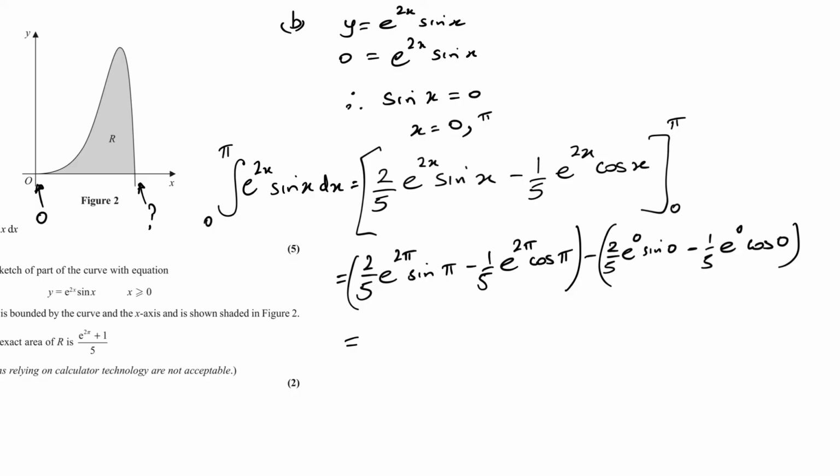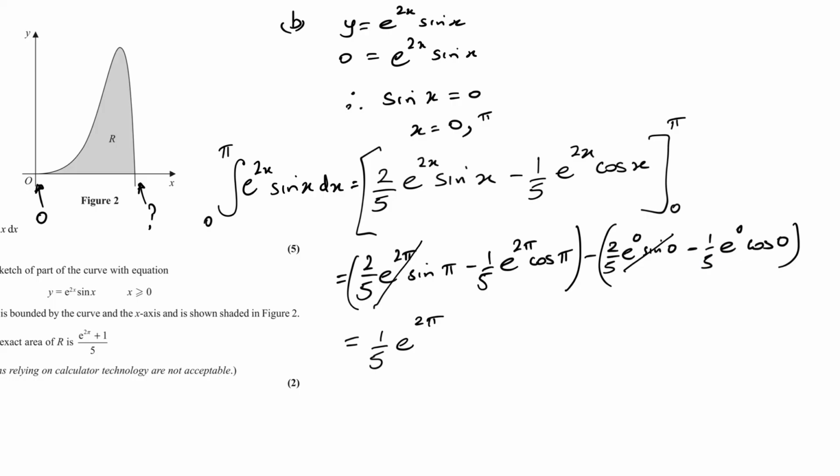So what that gives me, well, we know sine of pi is 0, so that's going to go. So we've got minus 1/5, and cos of pi is minus 1, so that's going to give me a positive 1/5 e to the 2 pi. Then looking at the second one, sine of 0 is 0, so again that'll go.